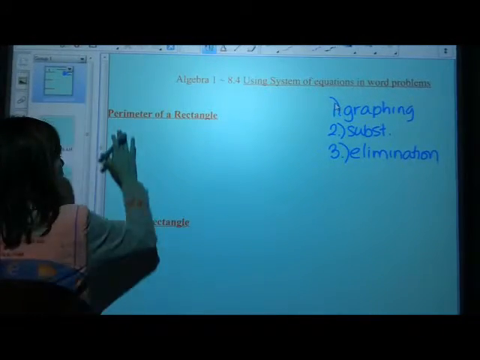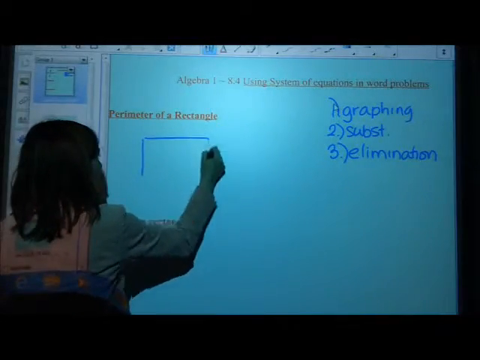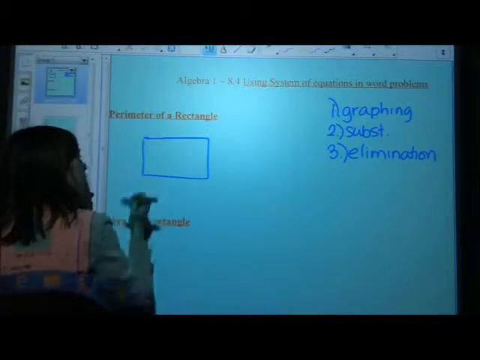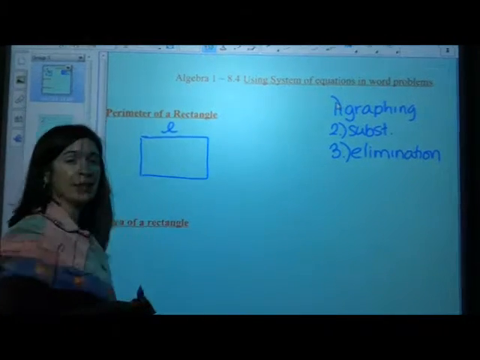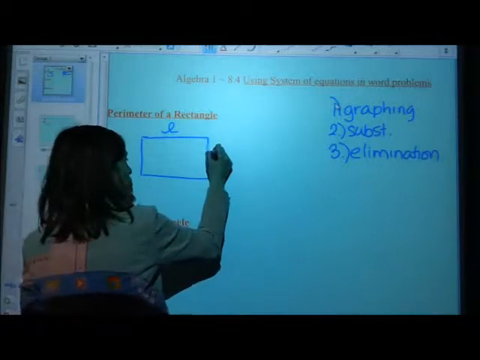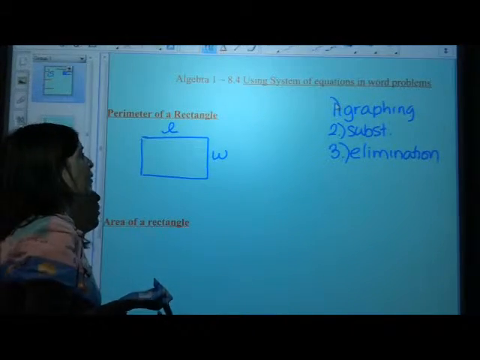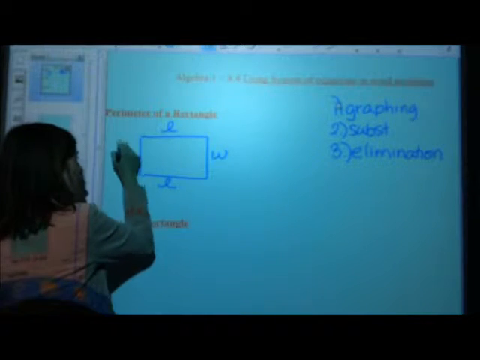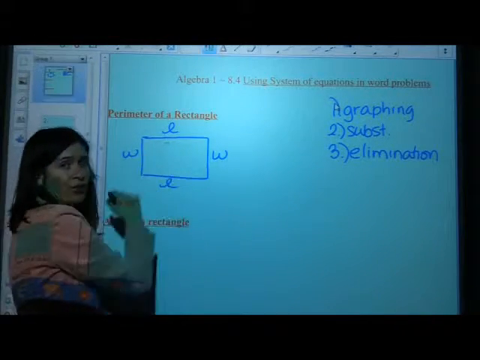We have to understand what the perimeter of a rectangle is. So I'd like you to go ahead and draw a rectangle, okay? The longest side of the rectangle we call the length. We always label that with an L. And the shorter side we call the width. So if I asked you to find the perimeter, we know that opposite sides of a rectangle are equal. Perimeter means everything around the figure.